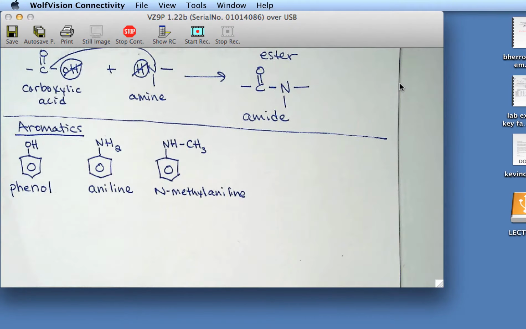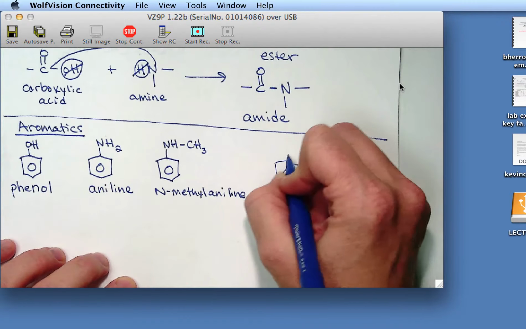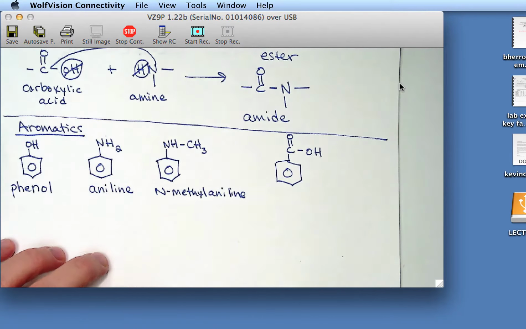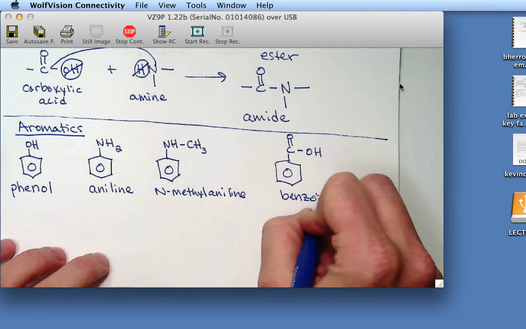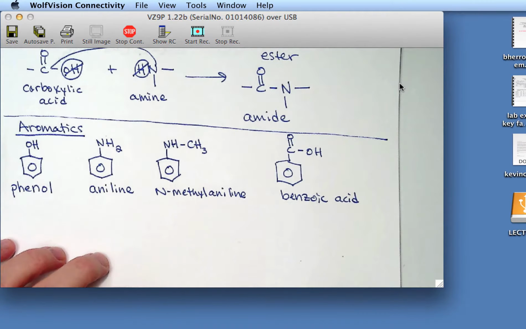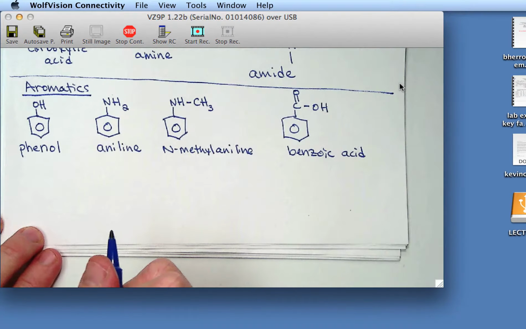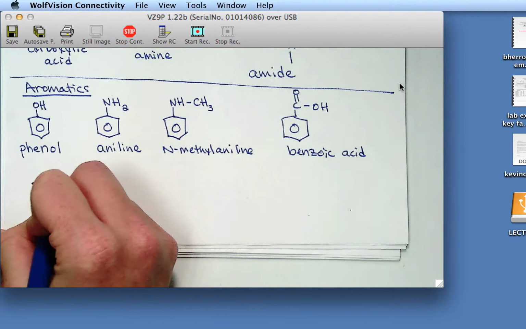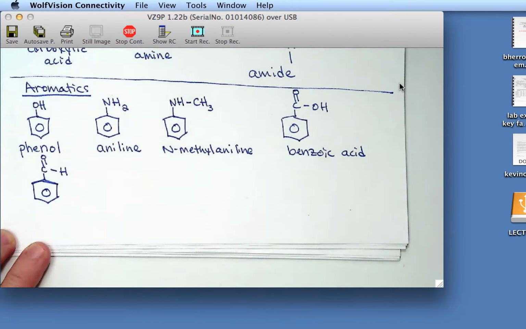Let's see. What other ones do we have? What's that one called? Benzoic acid. What about that one?